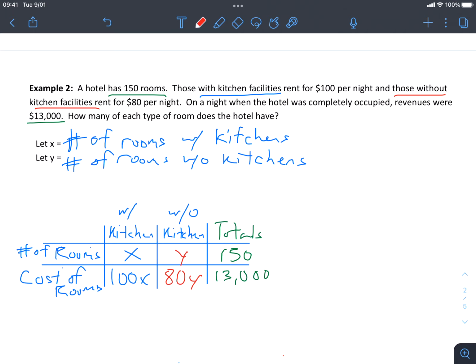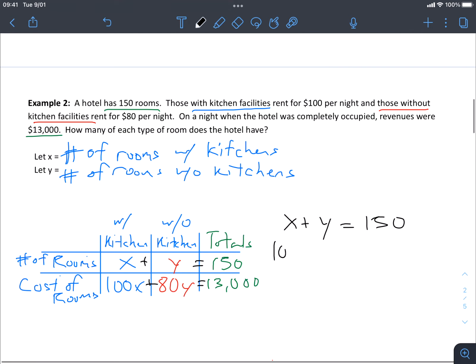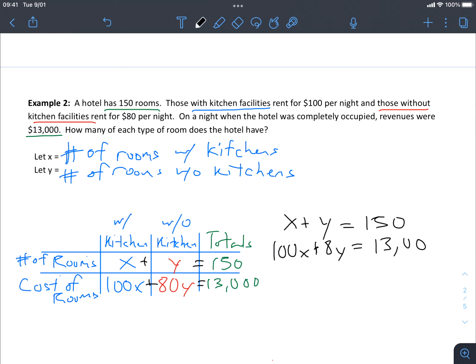So again, we can write them this way, and we can turn them into equations. So X plus Y is equal to 150. That represents the total number of rooms, and 100X plus 80Y gives us 13,000, which is the total amount of money that the hotel earns.